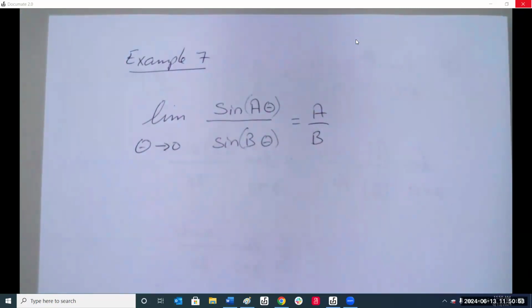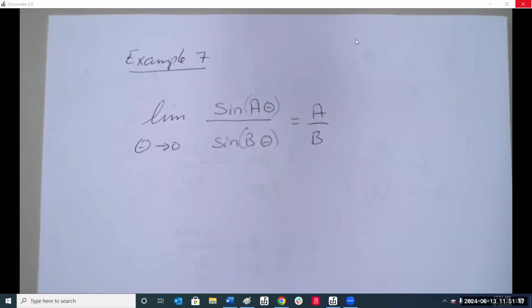So you can say sine A over sine B times sine theta over sine theta times A over. No, I see what you're saying, but no. How did we do it last time? The 2/5 one.